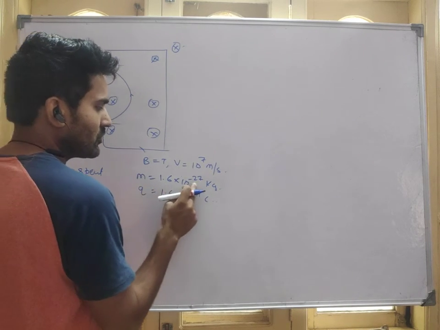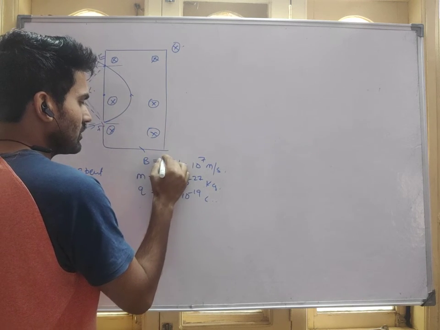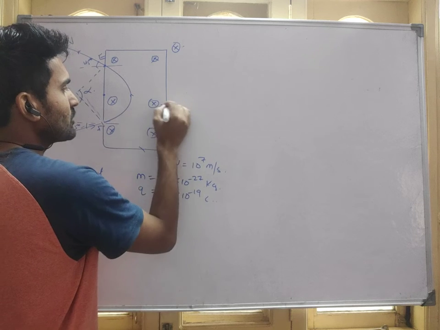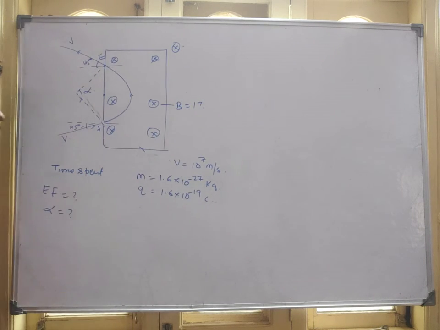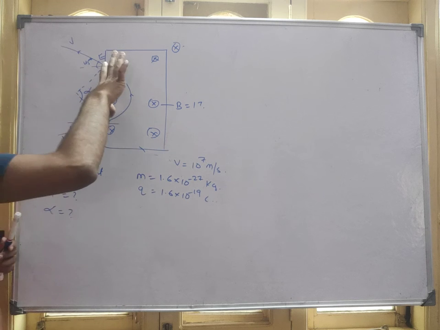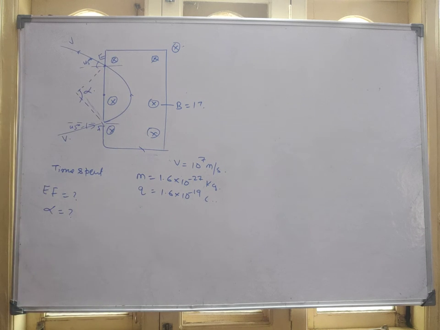B is equal to 1 Tesla. Okay, velocity is 10 raised to the power 7 meter per second. Find out the time spent in the magnetic field, this distance here, and this angle alpha. Just find out the answer.